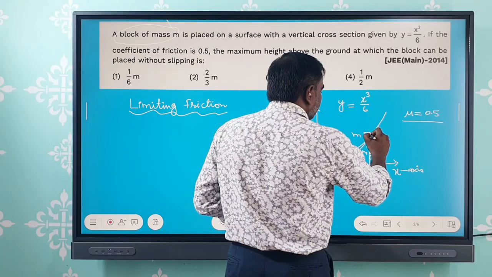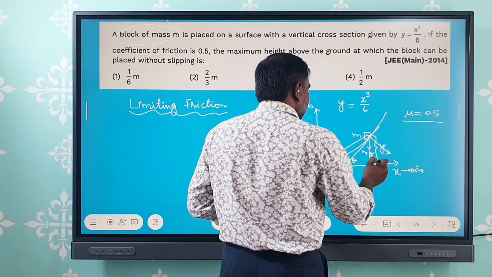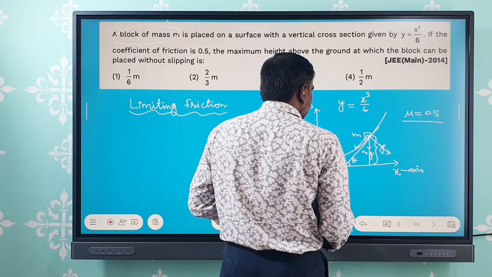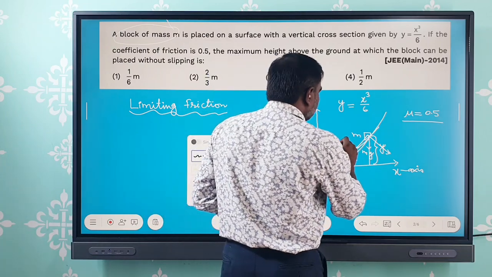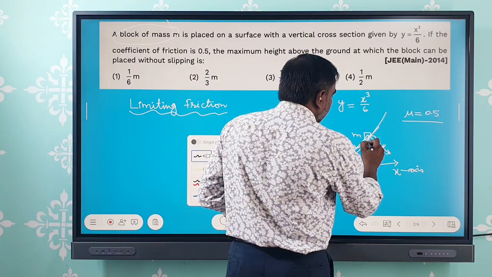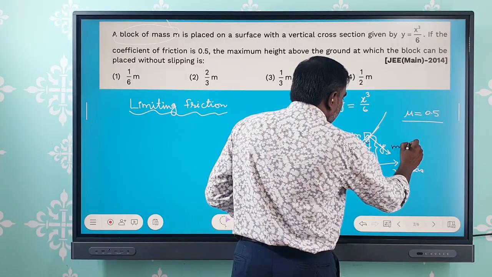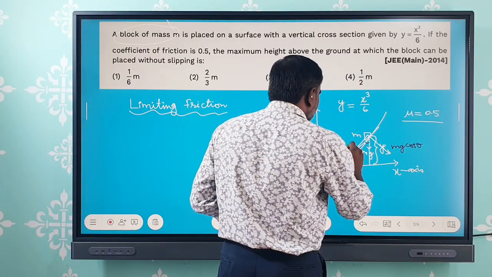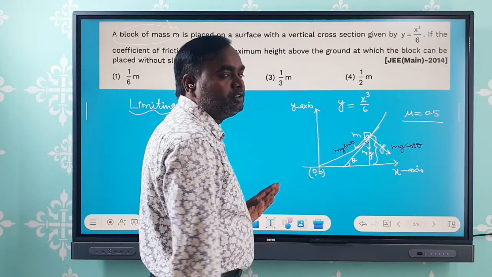And if you resolve this into two components, this will be 90 minus theta, and this will be mg cos theta, and this will be mg sin theta acting along the surface.